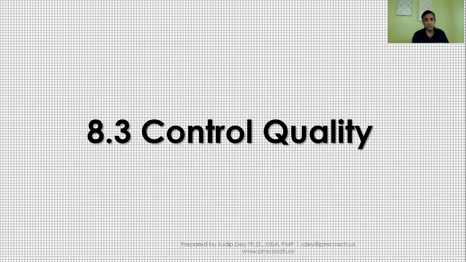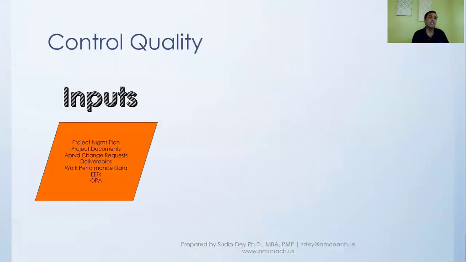The next process we'll touch upon is control quality. The inputs that we have are the project management plan, documents, change requests, and deliverables, because at this point we have the deliverables.